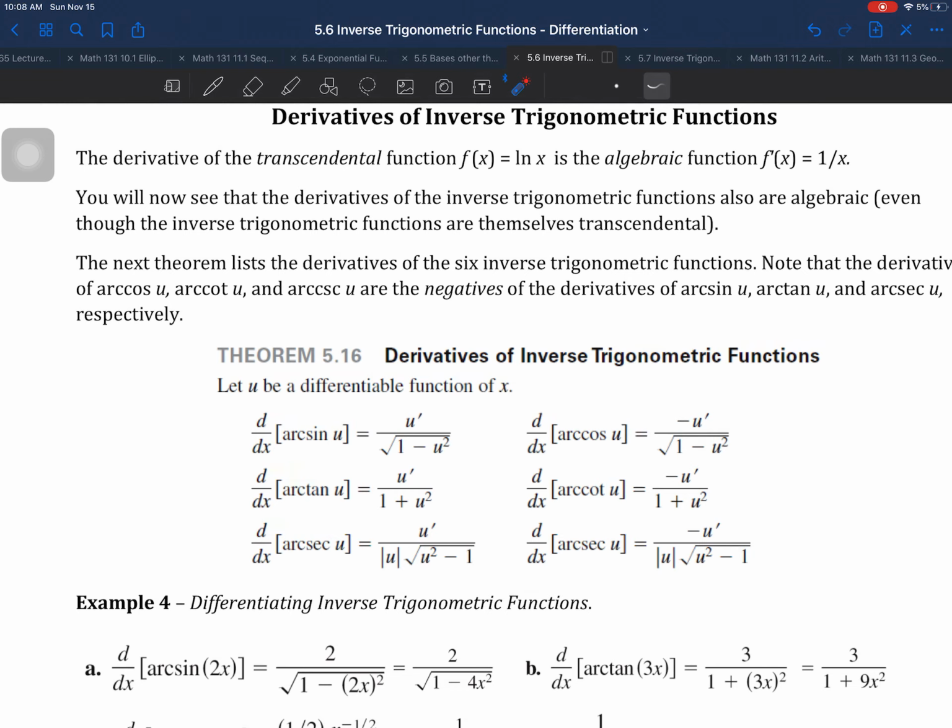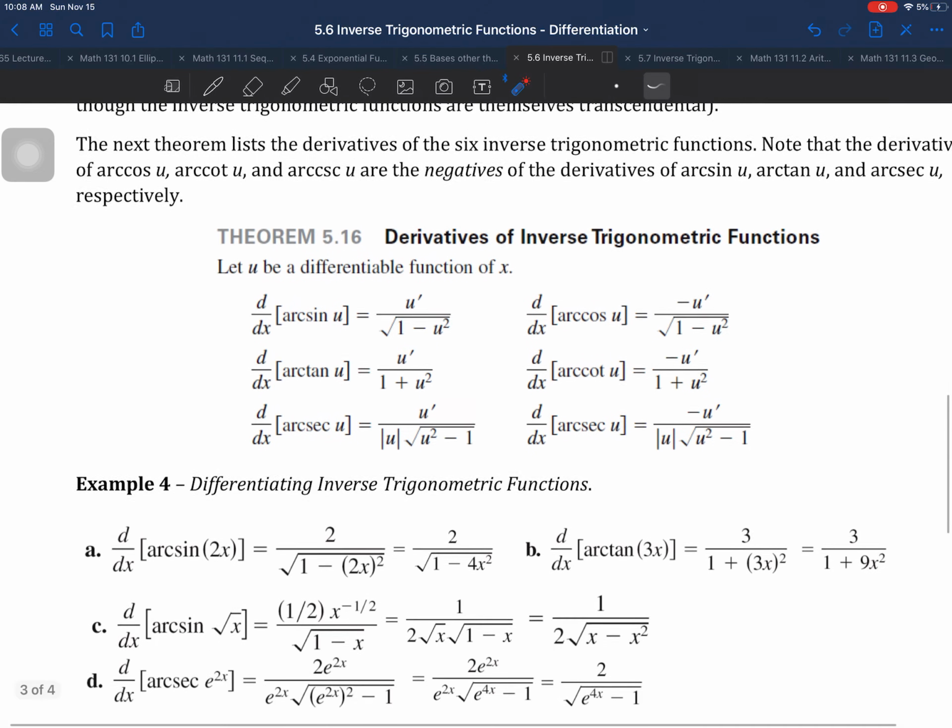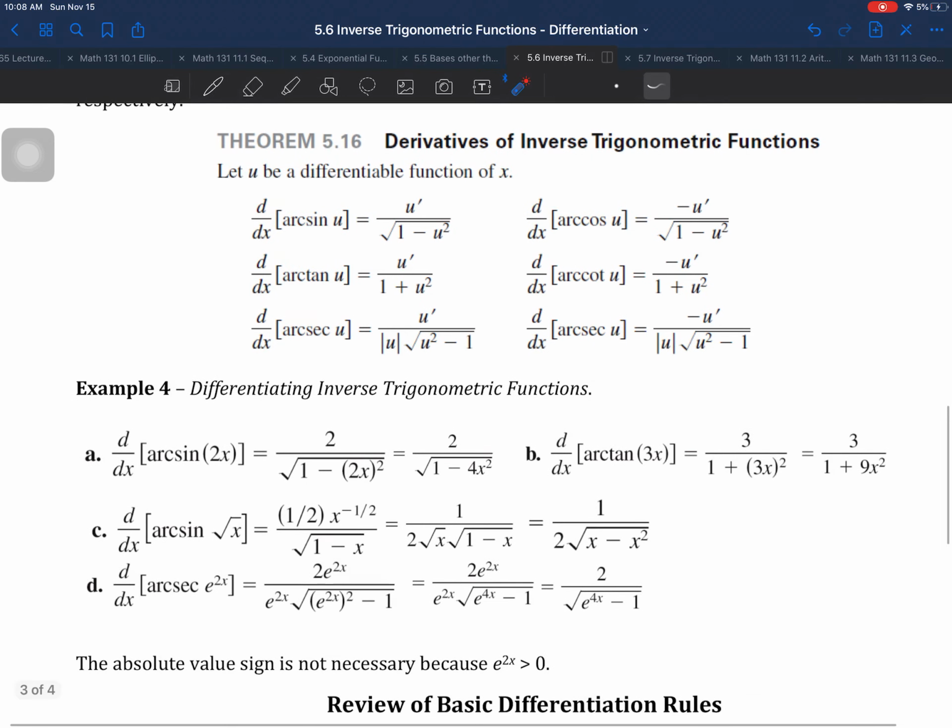It's almost the same thing, right? 1 over the square root of 1 minus u squared, over negative 1, right? Times the derivative of the inside. For the arctangent, it's going to be u prime over 1 plus u squared. For the arccotangent, it's going to be negative u prime over 1 plus u squared.